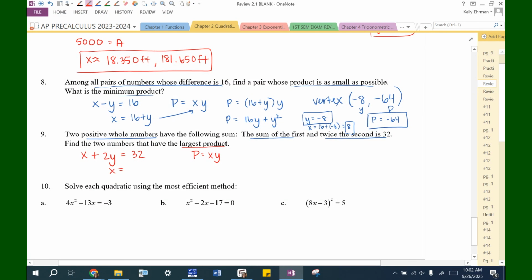I like to solve for the one that doesn't involve fractions, so I'm going to subtract 2y over here. If I were to solve for y, I would have 16 minus 1/2 x, which is a little more annoying to work with. Plug this in for x, so 32 minus 2y, times y. If you want to distribute that, it's 32y minus 2y squared.